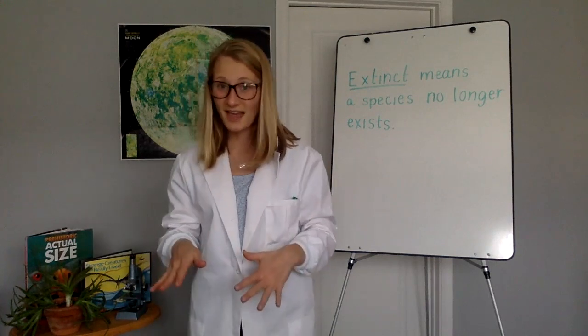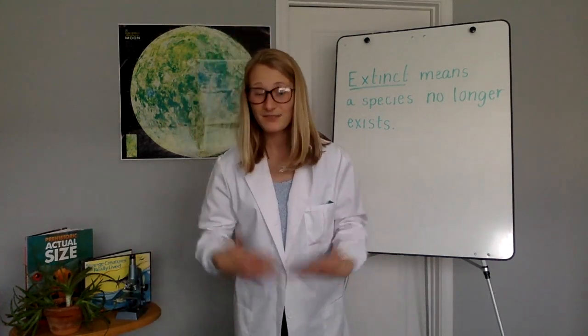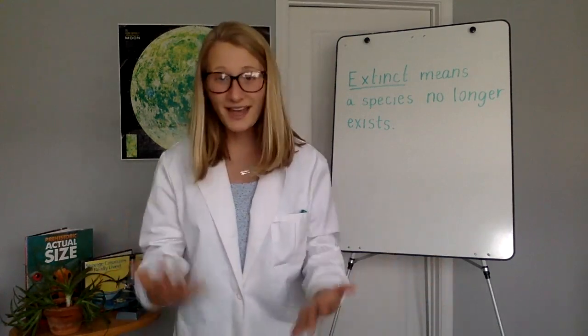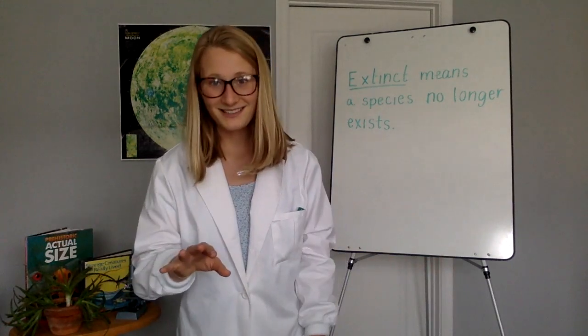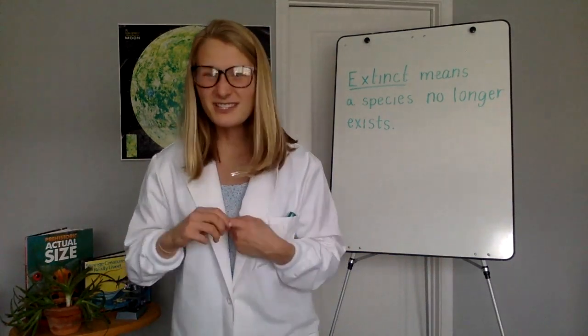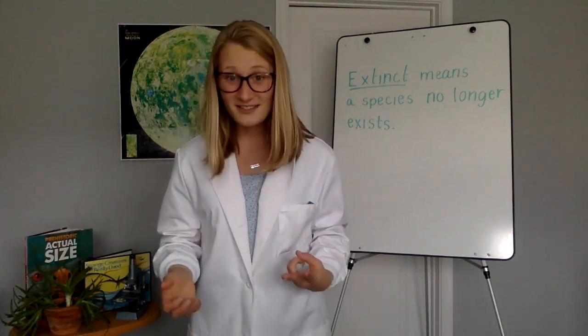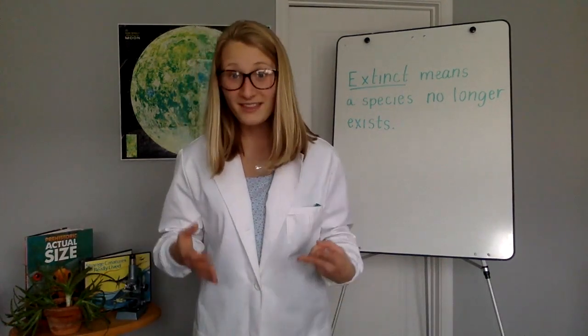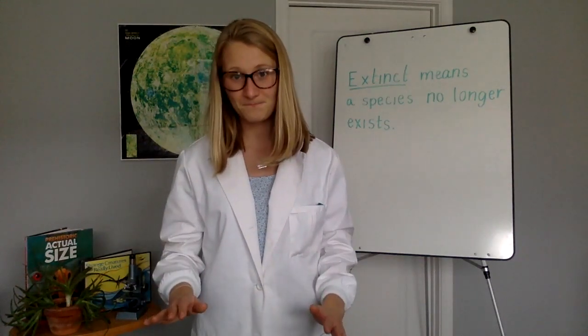We're going to see that sometimes living things can't adapt. They don't have the right kinds of adaptations to stay alive. But we can study species that are still alive and fossils to learn about what these animals and plants were like when they were alive.